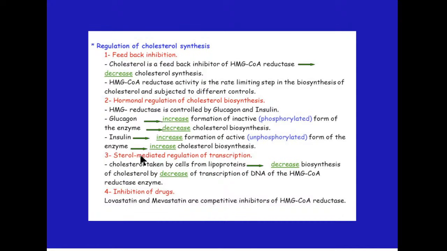The third mechanism: sterol-mediated regulation of transcription. Cholesterol is taken by the cells from the liver and from the intestine by chylomicrons at first, and then by very low density lipoproteins, and they will decrease the biosynthesis, because transcription of the gene coding HMG coenzyme A reductase will be decreased.